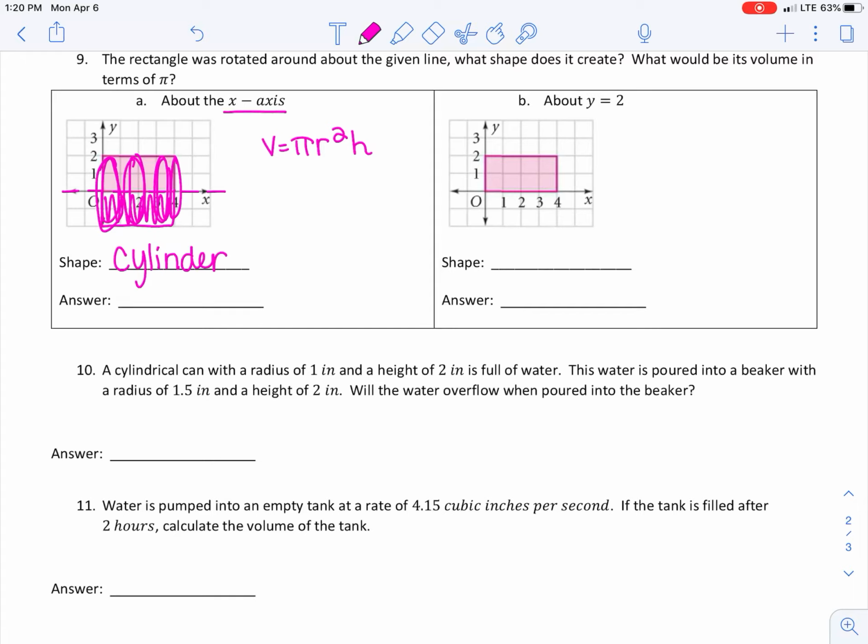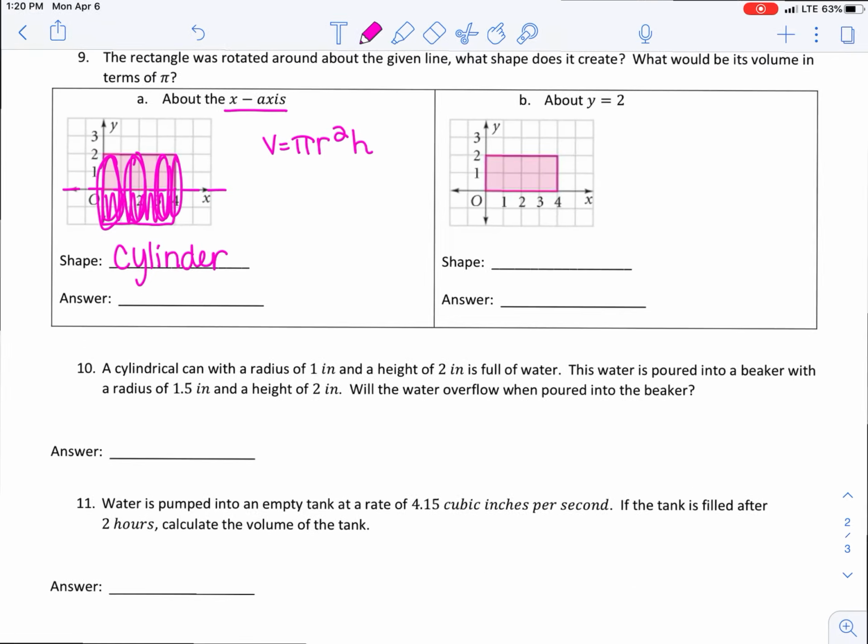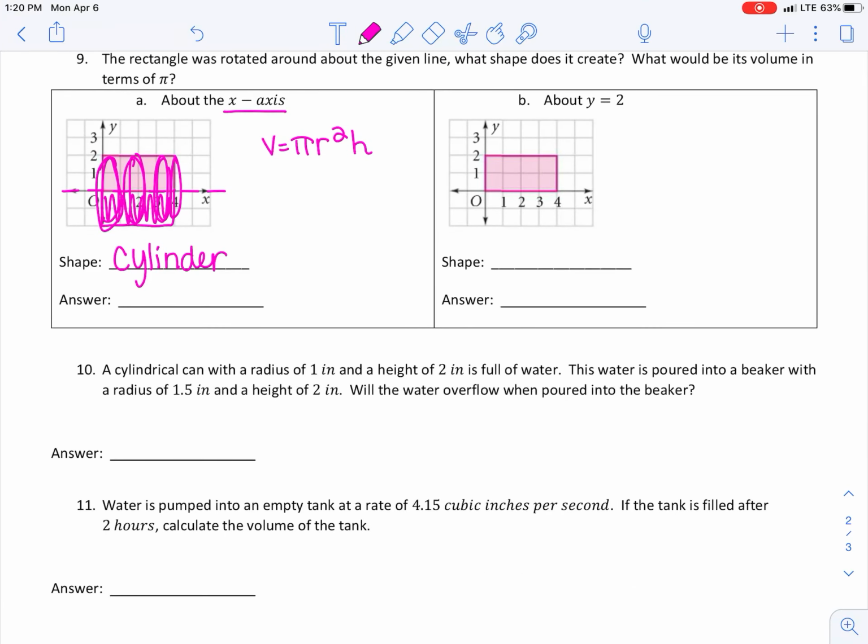So if you were to turn your paper, oops, sorry, I'm trying to turn my tablet. If you were to turn your paper, I'm going to erase some of this, and I'll redraw. Apparently I erased the Y too. So your height is going to be this right here.